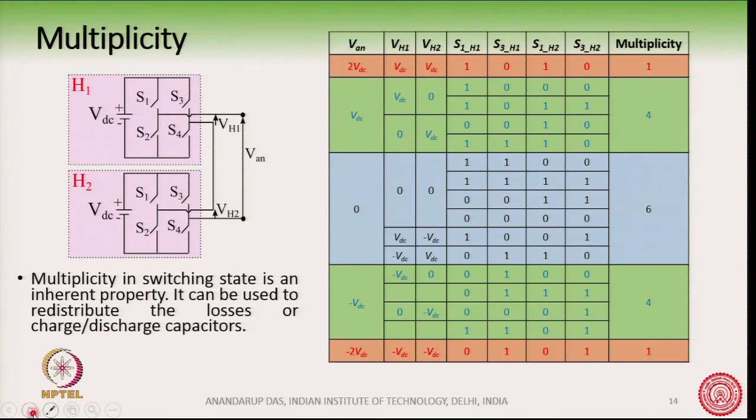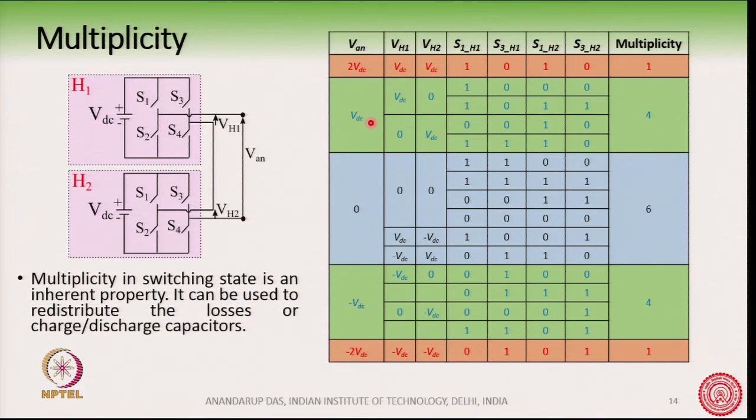So, summarizing these multiplicities, this is the table which summarizes all of them. When we have VAN equal to 2 VDC, we have only one possible switching state, so there is only one multiplicity.